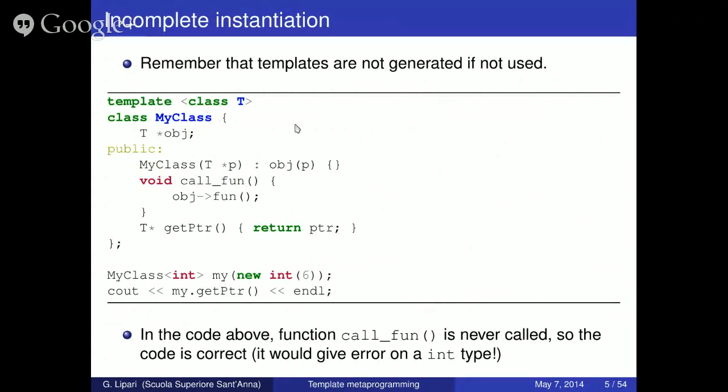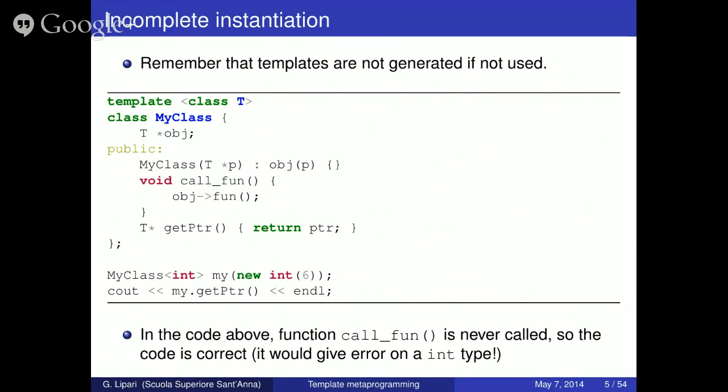Consider this example. You have a template class with parameter T, and then you have a pointer to T inside the class. Then you have a constructor which just takes a pointer to an element of type T, and then you have a function callFun which calls member function fun on the object, and then you can get the pointer.